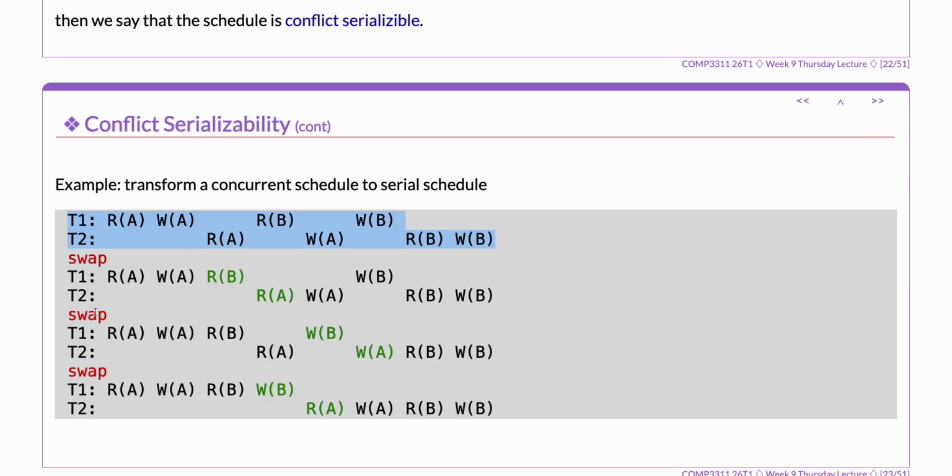It is conflict equivalent to a serial schedule, and thus the original schedule is conflict serializable. And based on our previous exposure to the Venn diagram, we know that if it is conflict serializable, it is definitely serializable.